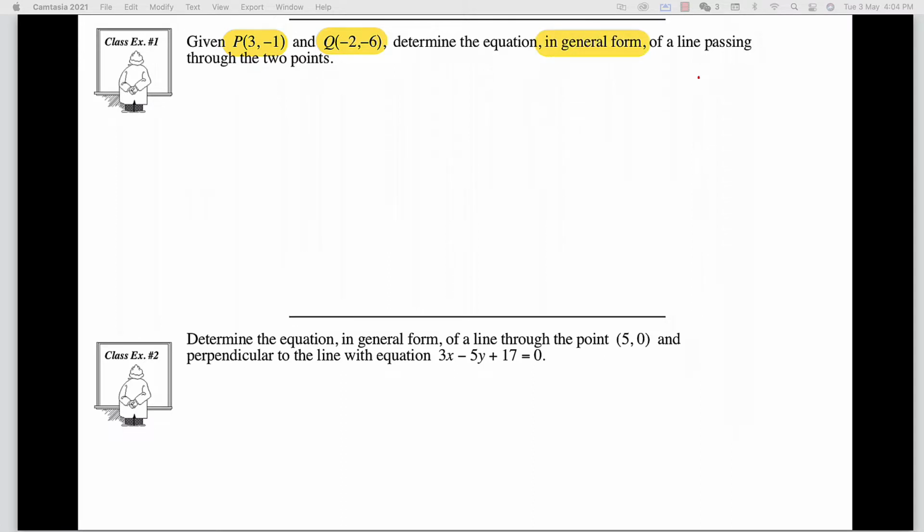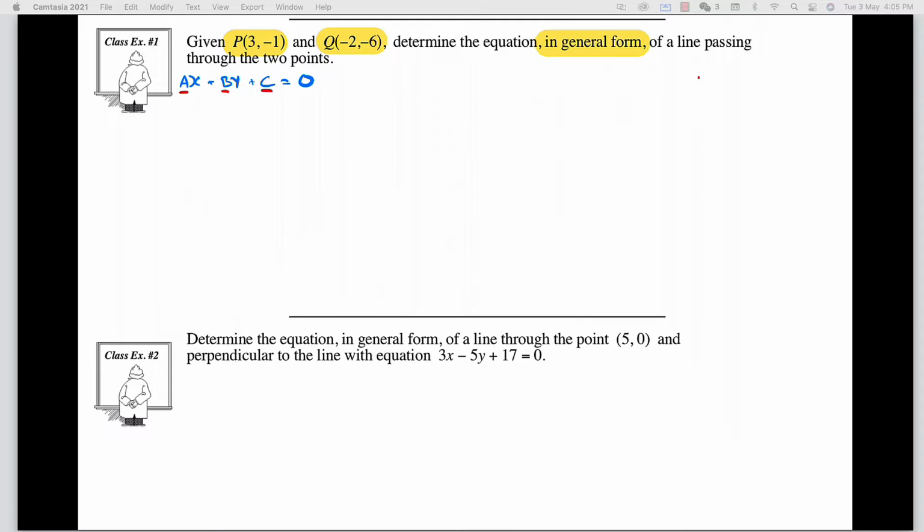So the first thing I want to make sure is that I know what general form is, and that's going to be ax plus by plus c equals 0, and we're going to want a, b, and c to have numerical values. Okay, so I can't just place one of these point numbers in there and come up with the equation. So I need to start somewhere else.